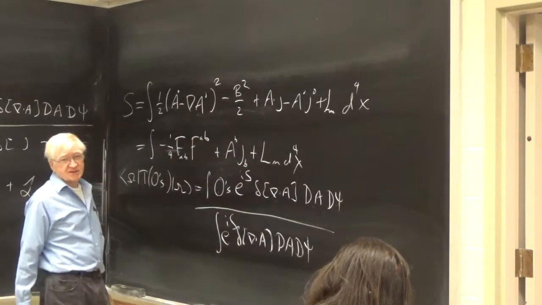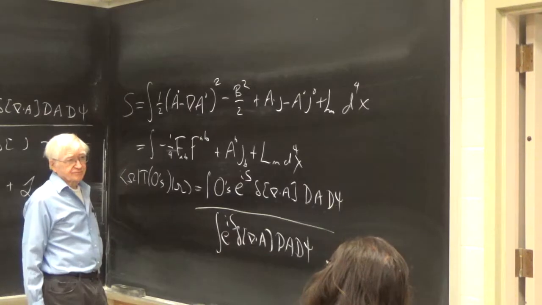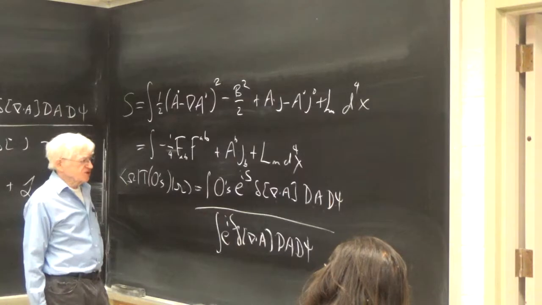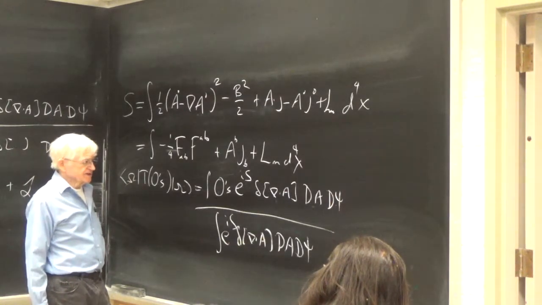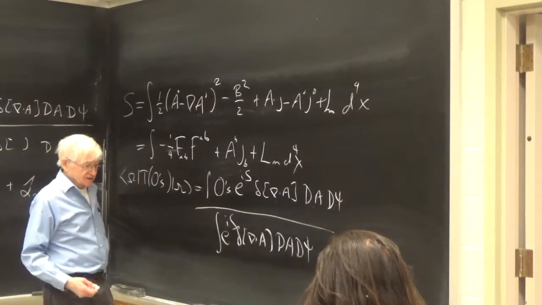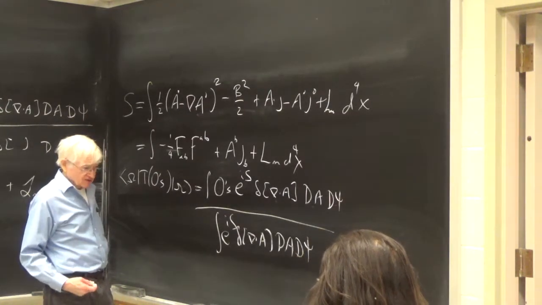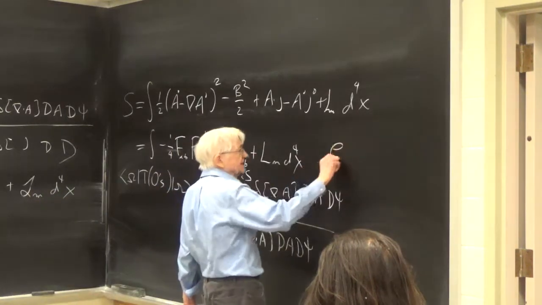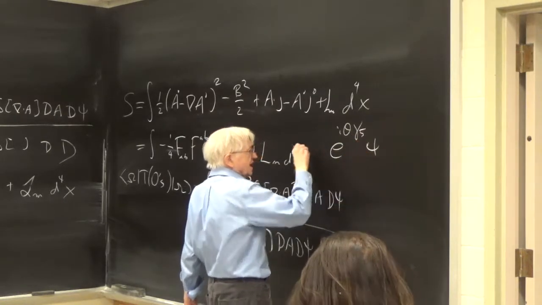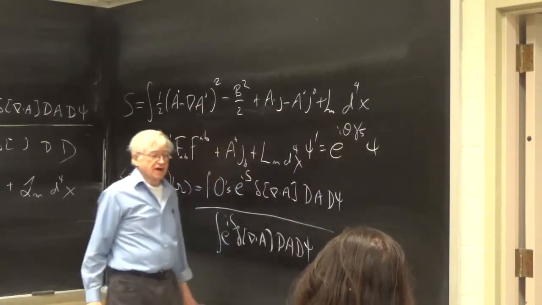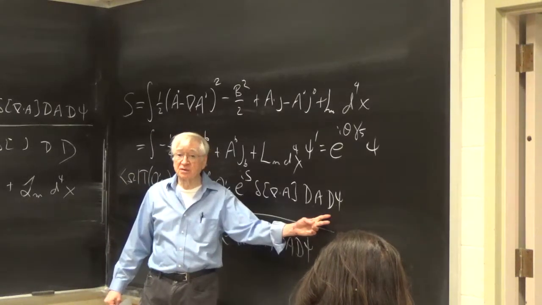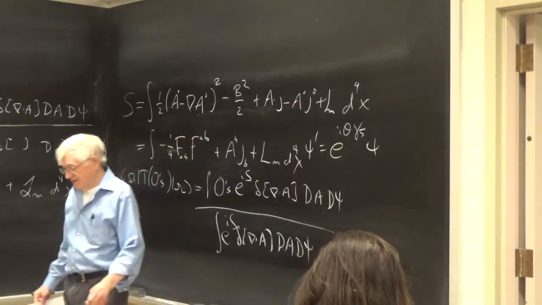And by the way, that was something that was sloughed over by people for a while. It was a guy named Fujikawa who pointed out that if you made an axial gauge transformation, in other words, e to the i theta gamma 5 on psi, this part of the measure wouldn't be conserved.